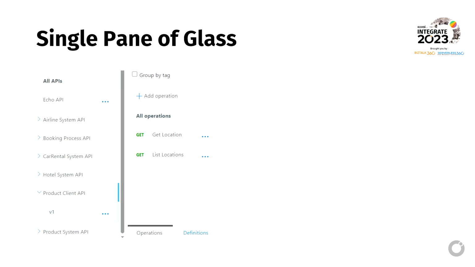I tend to use this type of categorization of APIs because it helps me understand who needs to have access to those things. I have three more or less categories that I use: system, process, and client. Client means it's for people external to my company. System is the APIs that communicate directly with the system of record, JDE, SAP, whatever it might be.